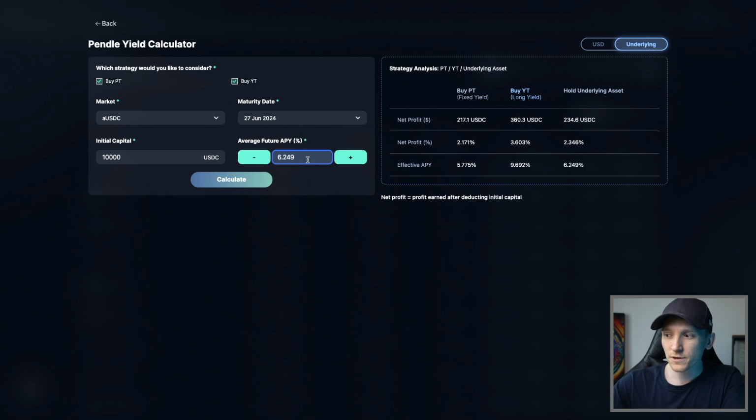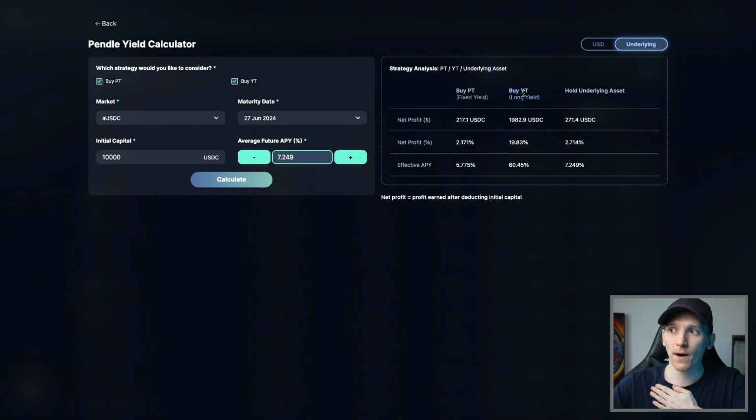Now, to show that, if the average future APY is actually 7%, which is above what the implied yield of YT is trading at now, so a 1% move in the actual yield that happens, we can see here that the YT is significantly more in terms of our profits.